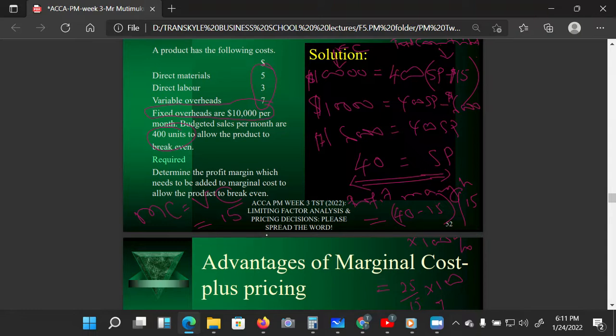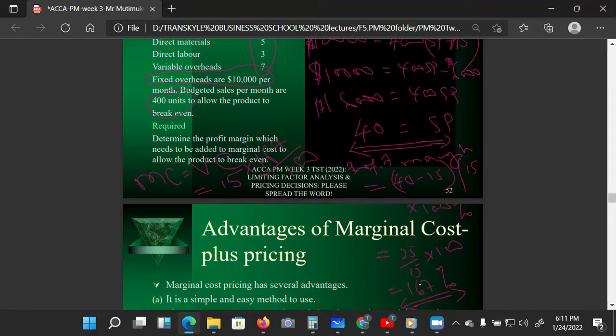So if we add 167%, it is the same as multiplying by 167 over 100. And 167, this is the 167 we are talking about. So 167 over 100 multiplied by 15, what do we get?